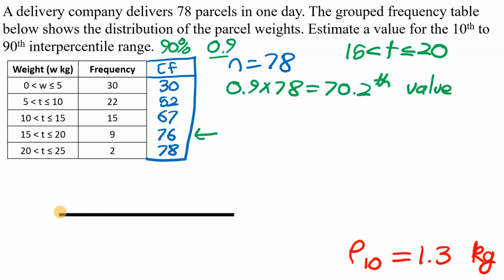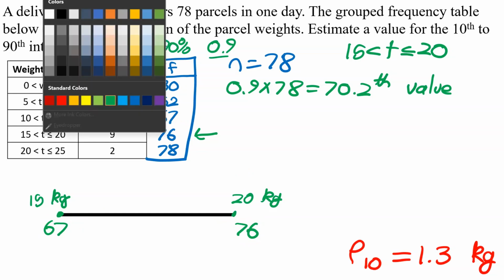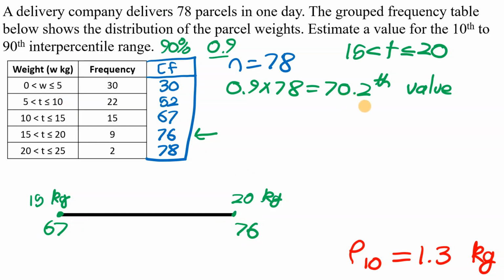So if we look at our diagram here, this interval starts at 15 kg and ends at 20 kg, and this cumulative frequency starts at 67 and ends at 76, and we're looking for 70.2. So let's say this is about here. So this is the value that we're trying to find.